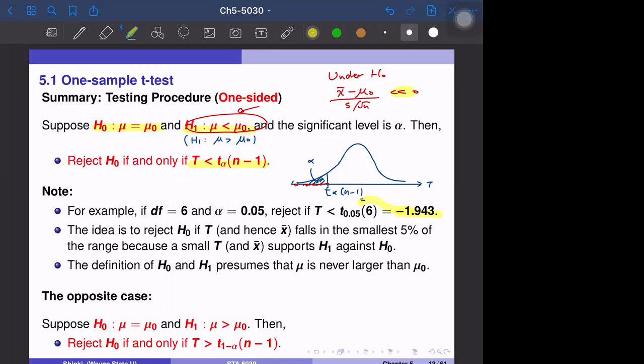But here we only reject when T is smaller than some specific value, so this area gets twice as large, and the threshold gets closer to 0.